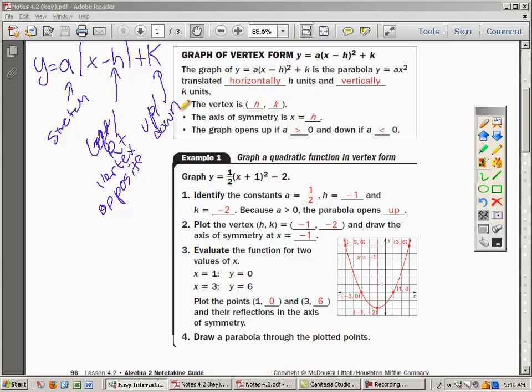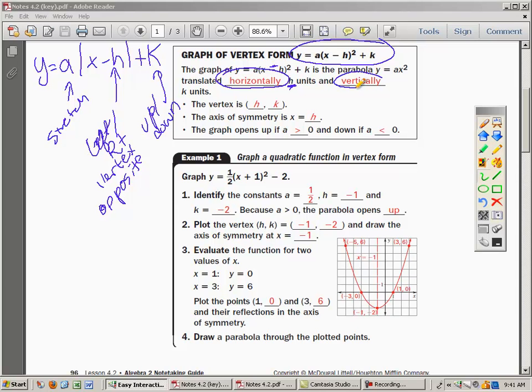Now, as we go through this, I want you guys to compare in your heads how similar these situations are. The graph of an equation in vertex form says y equals a times x minus h squared plus k. The graph is shifted horizontally whatever h is, and because this says minus h, we are going to be doing the opposite of it.